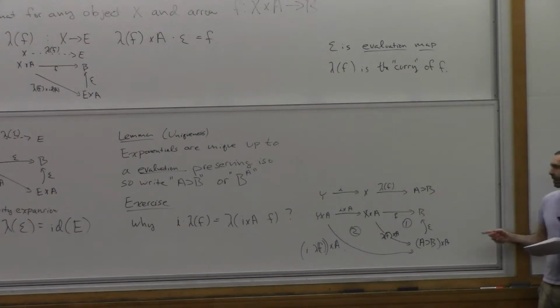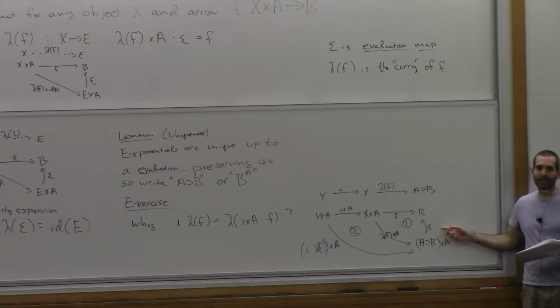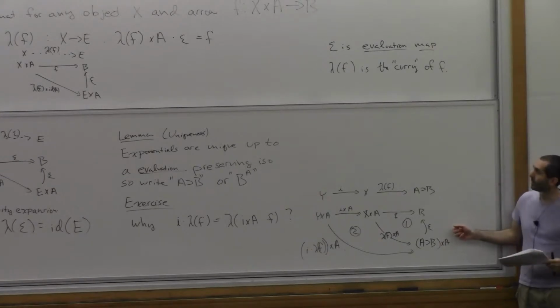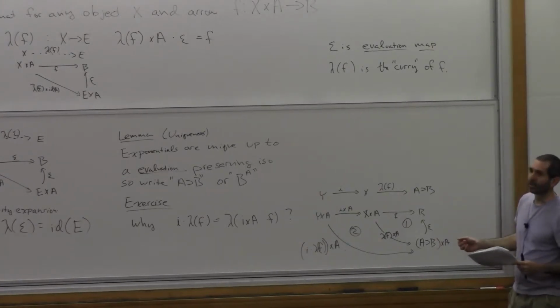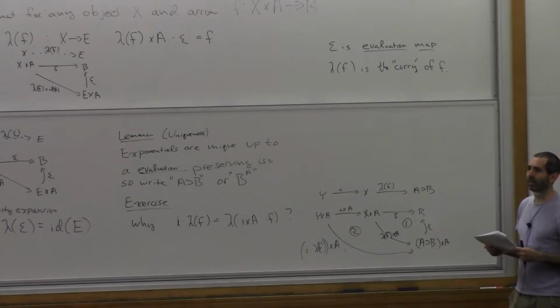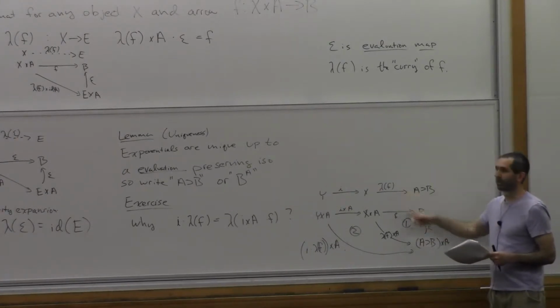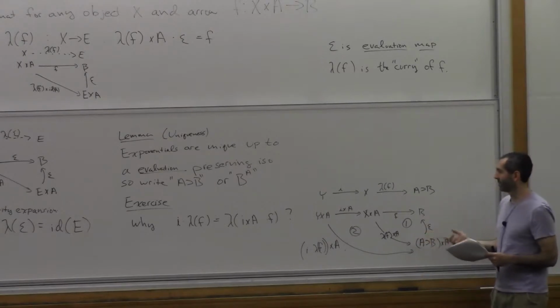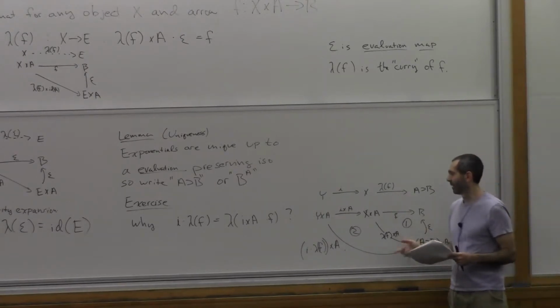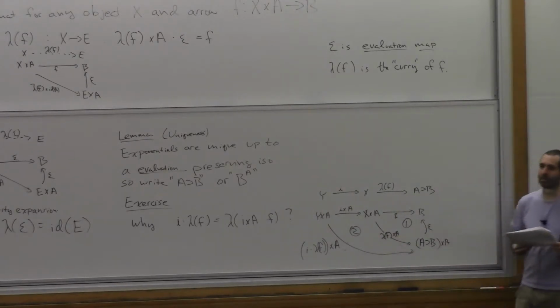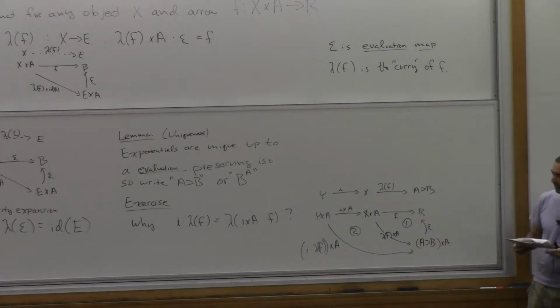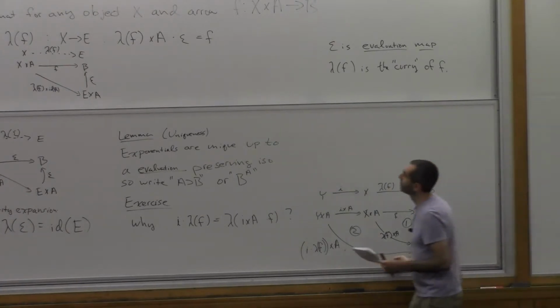Can anyone see why problem one is easy? It's the universal property of the exponential for f, right? So basically, what you have to do is figure out why triangle 2 commutes. I'm going to leave that as an exercise.